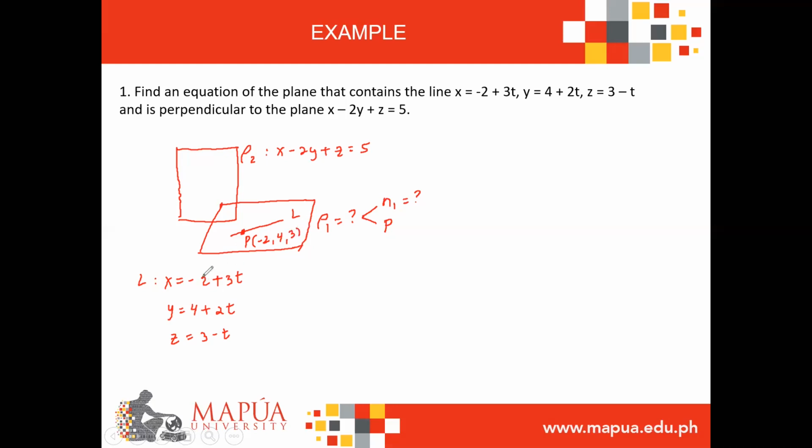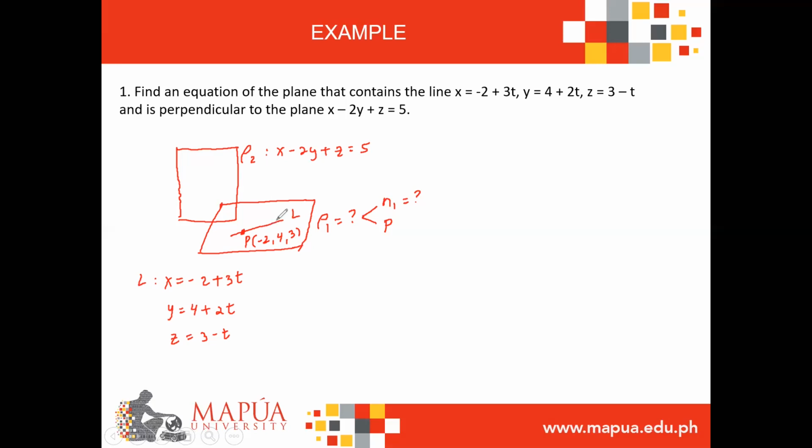Because if you recall, we have the equation of a line in parametric form: x equals x0 plus at, y equals y0 plus bt, then z equals z0 plus ct. So therefore, point P will have coordinates negative 2, 4, 3.